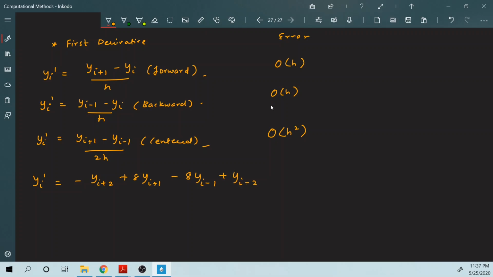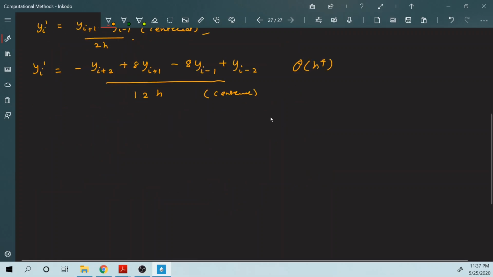But the good thing is, the order of truncation error is h raised to 4. So obviously this is going to be very much accurate as compared to this. This is also a centered scheme, centered scheme with fourth order approximation.